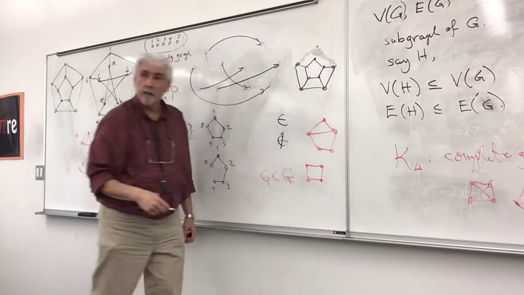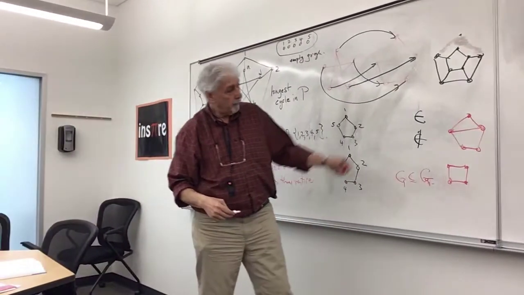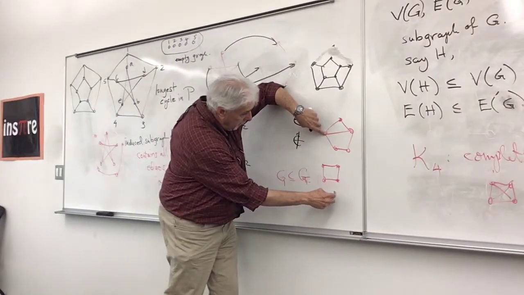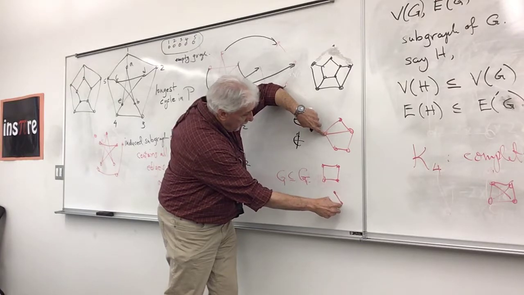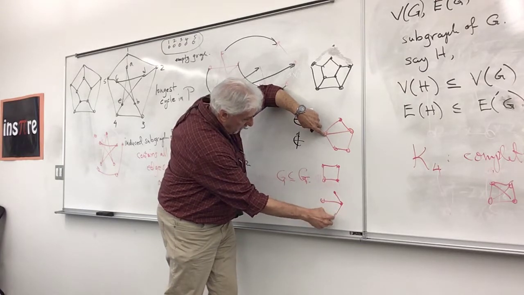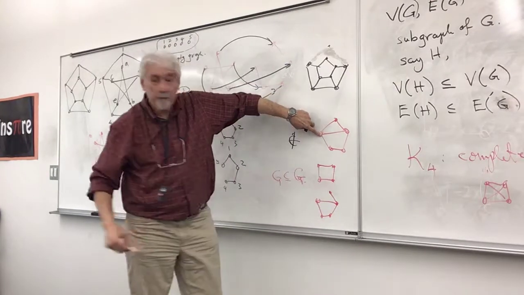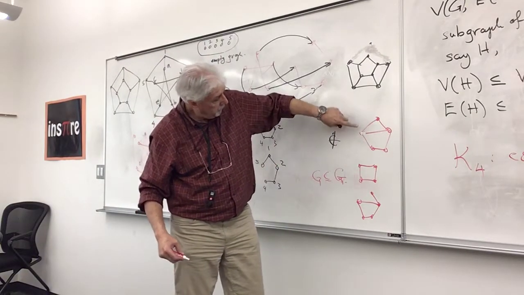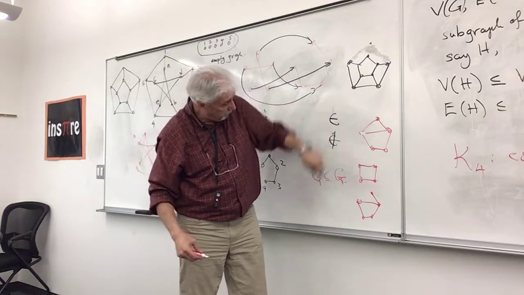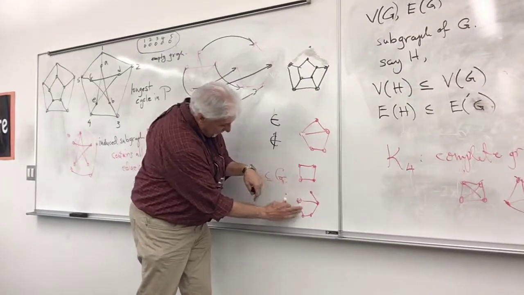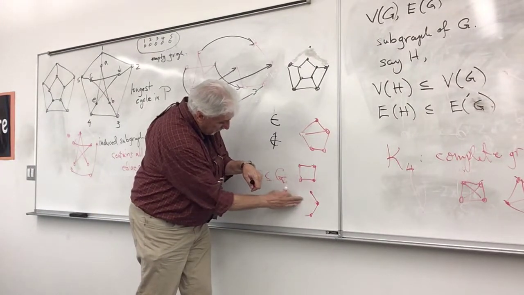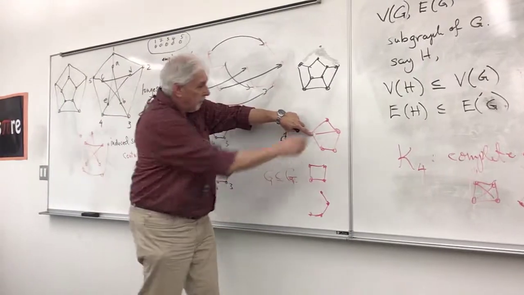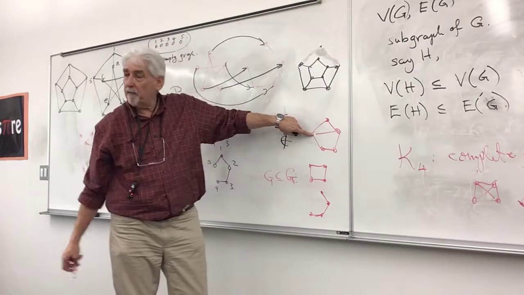One card is going to look like this. Sorry, I have to remove a vertex. Let's try that again. If I remove this vertex, then I'm just left with a P4.